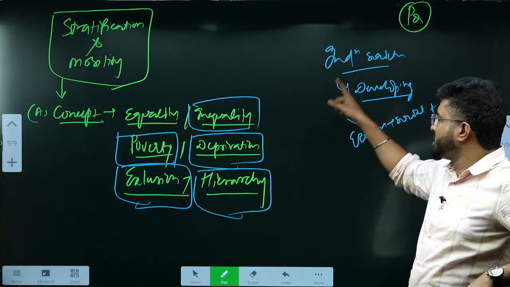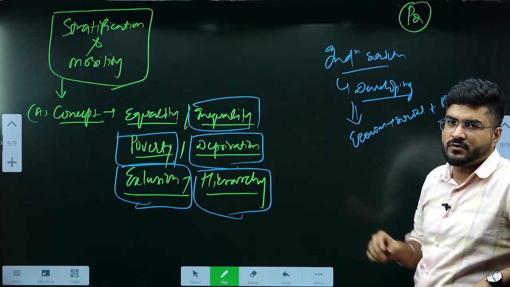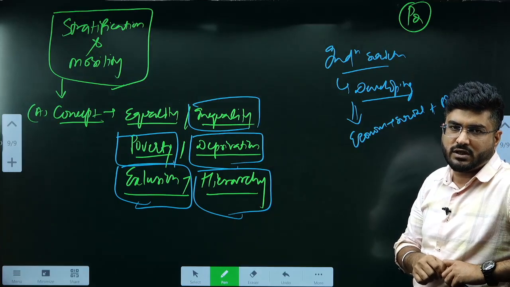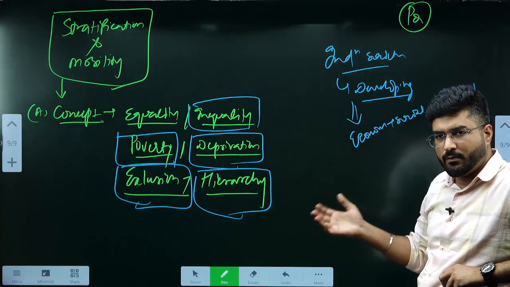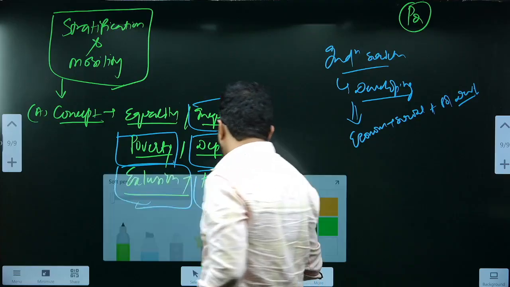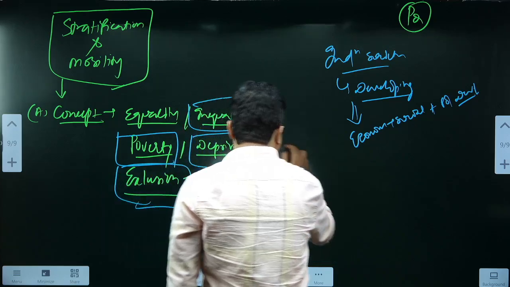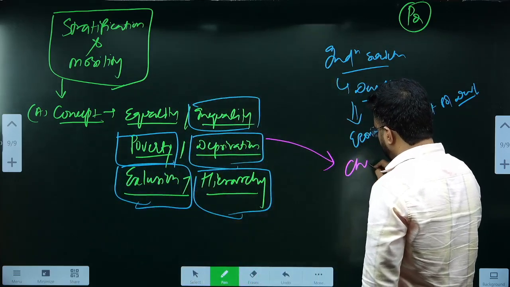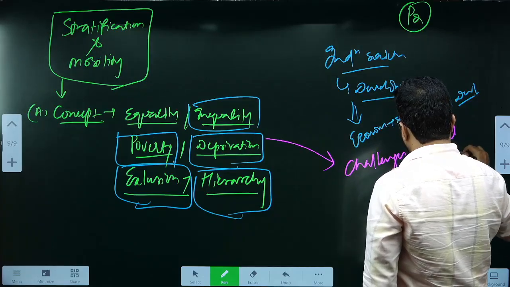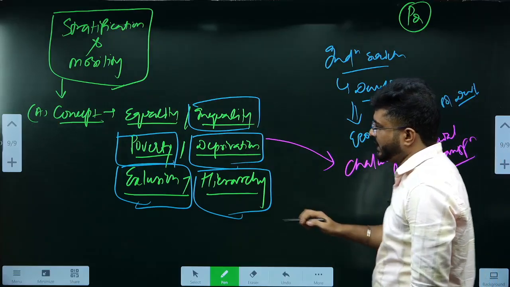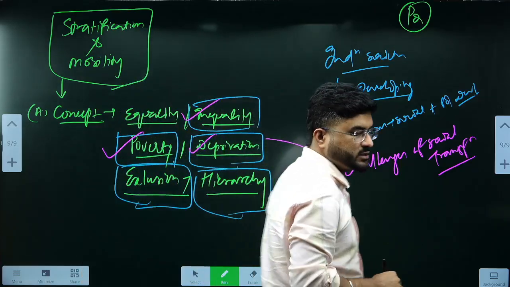Are they going to support India's transformation in this developing journey, or are they going to create problems for it? They are going to create challenges and problems. Hence these concepts become part of our chapter 15, whose name itself is Challenges of Social Transformation of India, where you will find poverty, inequality and deprivation as important parts.